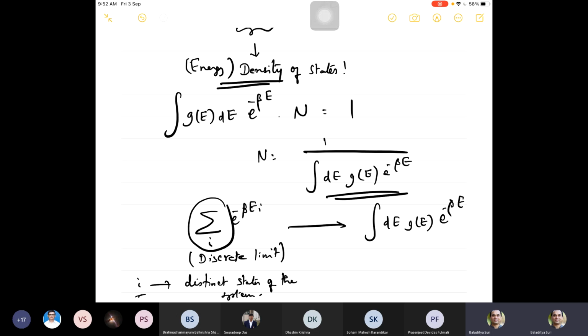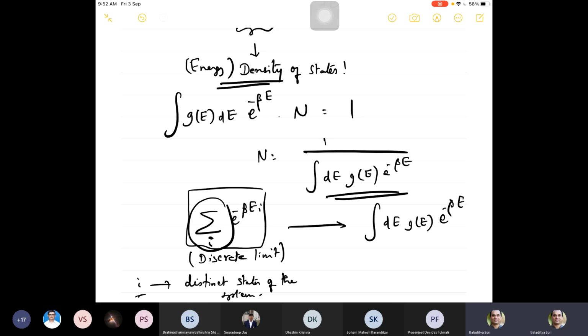For example, a right moving particle with velocity v and a left moving particle with velocity v are distinct states of the system, but they have the same energy. So when you go from a summation over all different states, this is the more fundamental expression for the denominator of the normalization constant.